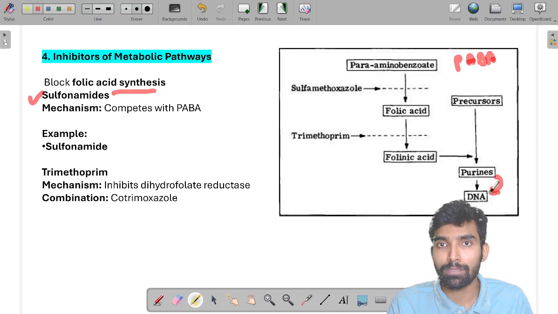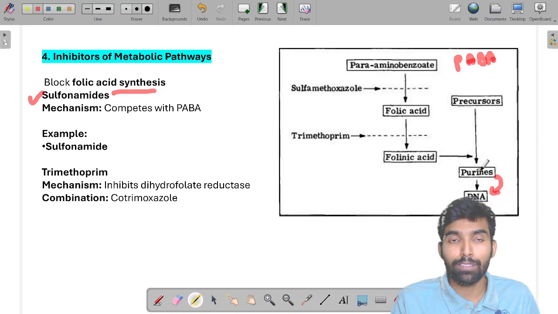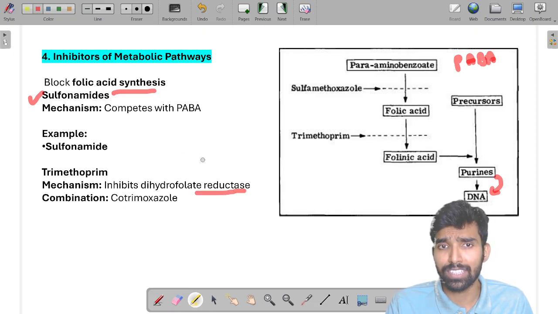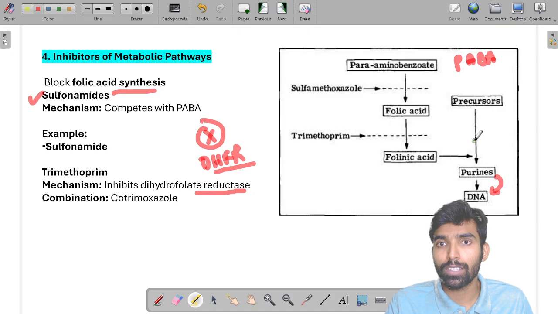It's from the metabolism. So what the sulfonamides do is they inhibit the dihydrofolate reductase enzyme, DHFR enzyme, and because of this the particular synthesis will not happen, purine synthesis will not happen, folic acid will not be there.